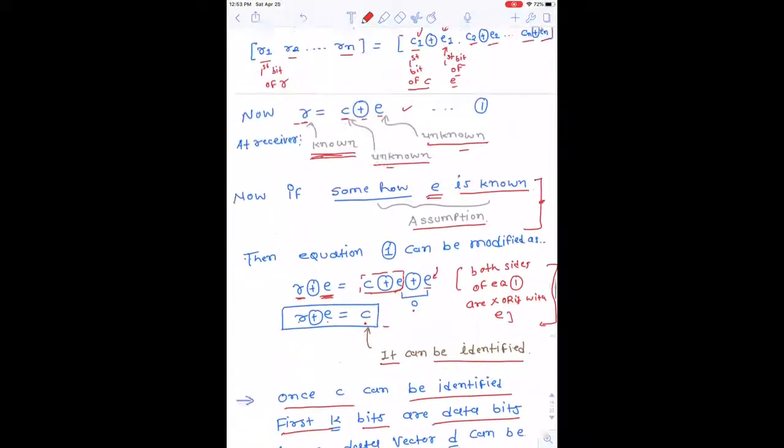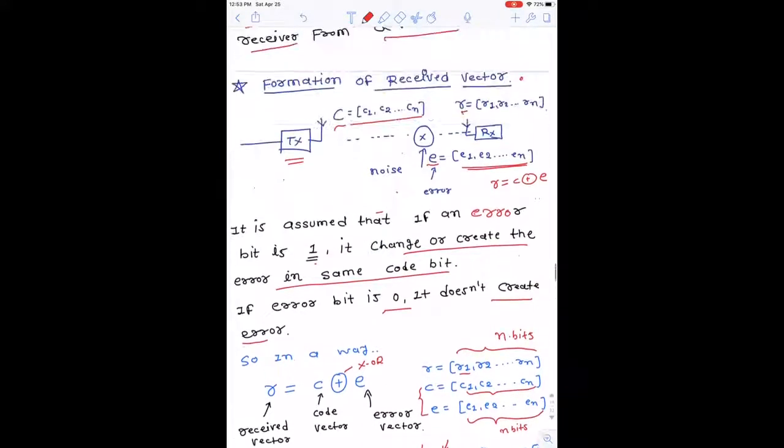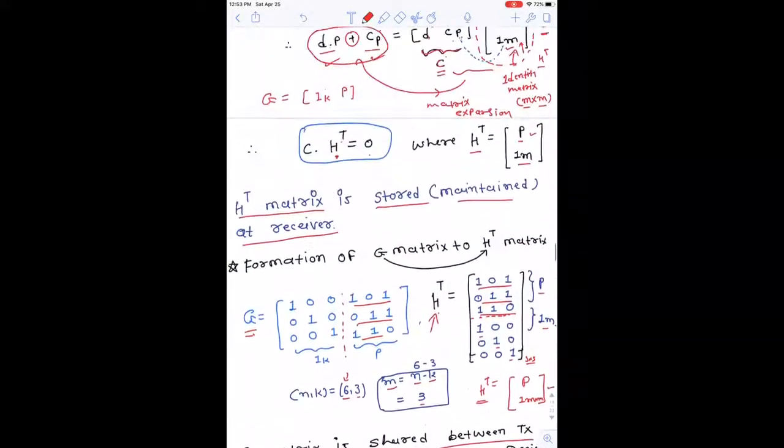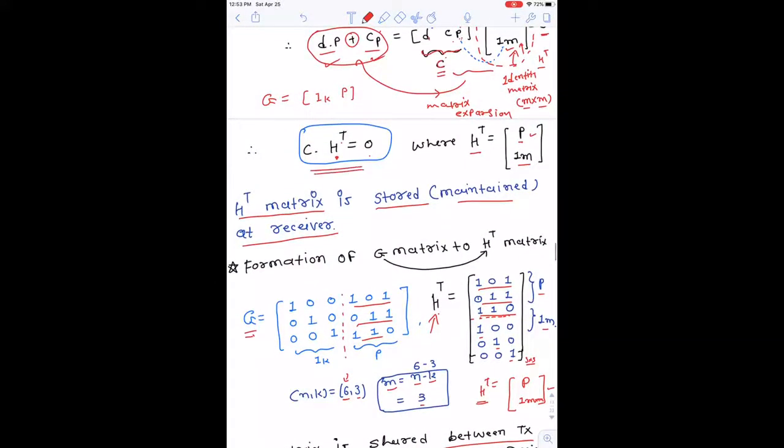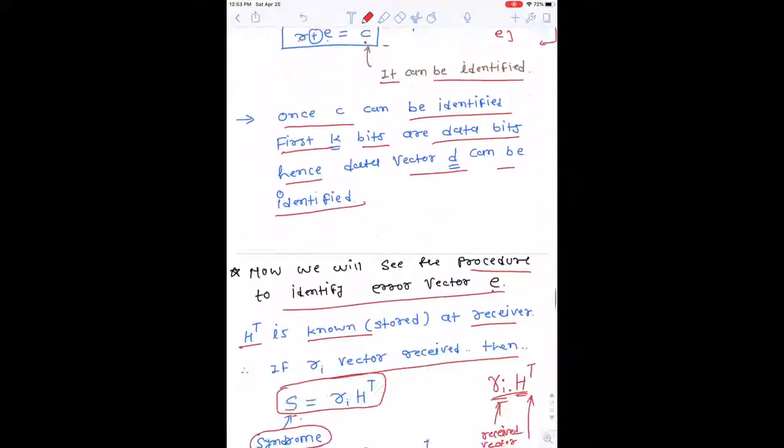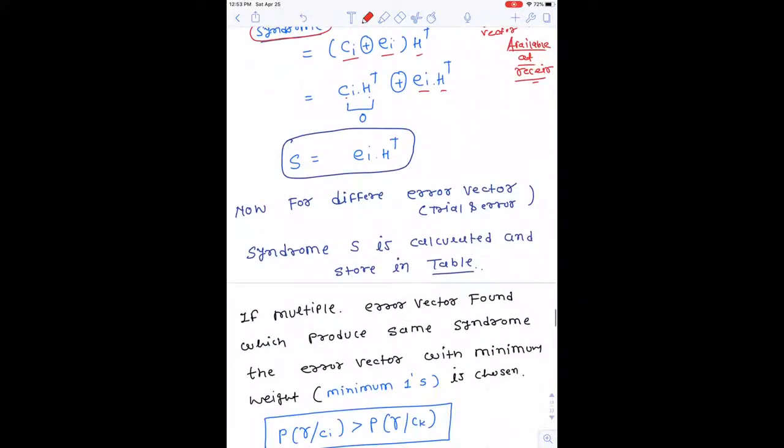We have already mentioned that if C and H^T are multiplied, we get 0. So this portion becomes 0 XOR Ei H^T, and if you XOR something with 0, you get the same thing. So the syndrome S can be obtained as Ei H^T.